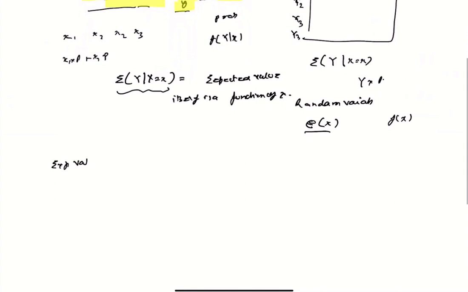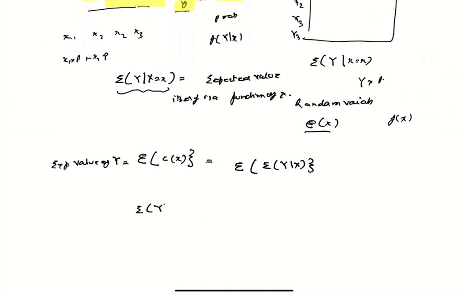So the expected value of y is equal to the expected value of e of x, that is, the expected value of y given x.